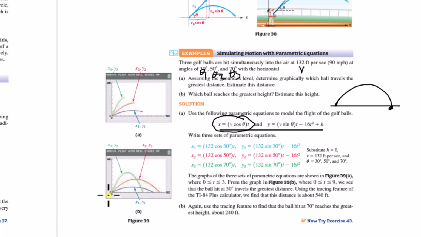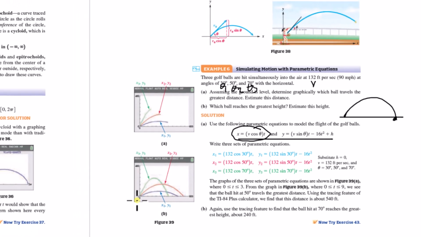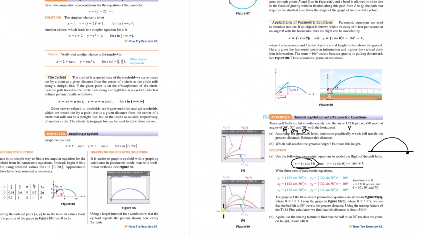You can graph parametric equations with your calculator, using MATLAB or Desmos, whatever. You can just trace and see which ball has the highest height, which might not correspond to the farthest distance. There's probably a nice medium between the launch angle that corresponds to the maximum height and maximizing the longest horizontal distance.